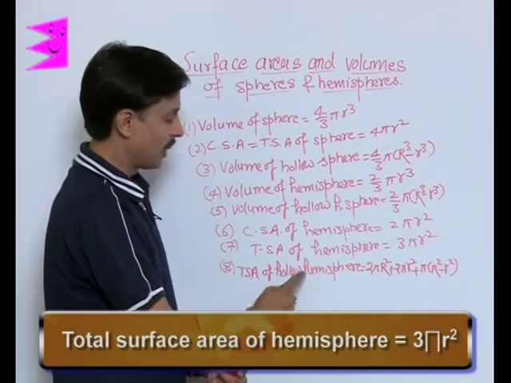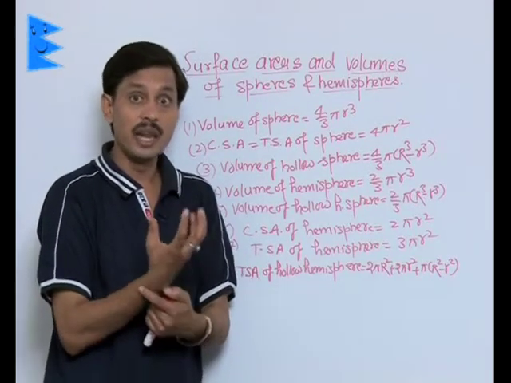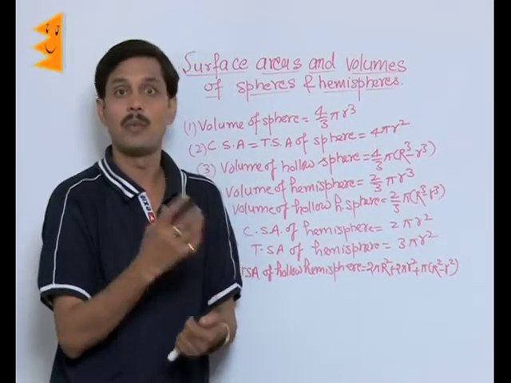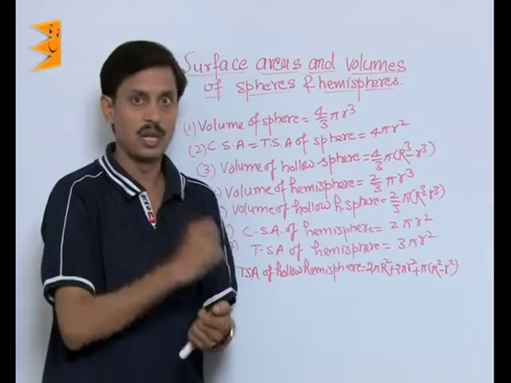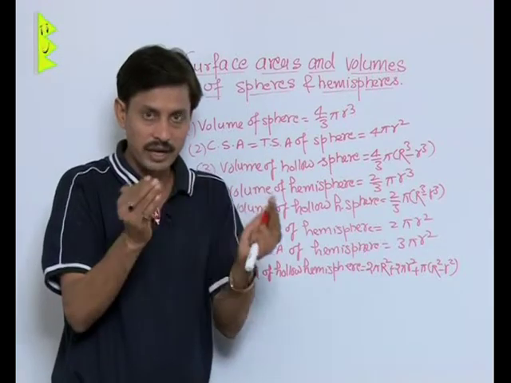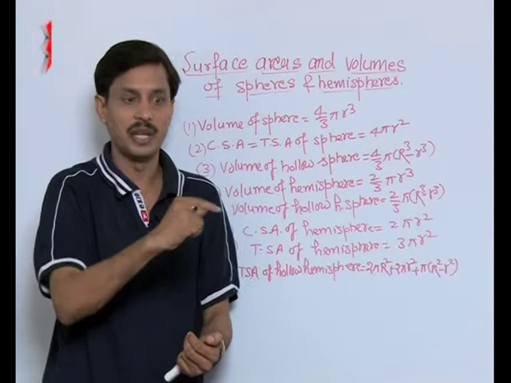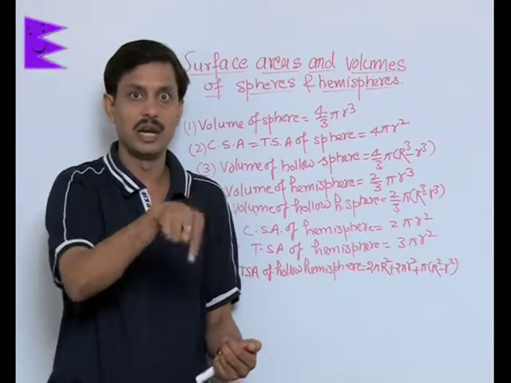Now the total surface area of a hollow hemisphere. If any hemisphere is in the shape of a bowl of some thickness, then what is the total surface area? Its external curved surface area plus its internal curved surface area plus the area of the edges, that is the ring.